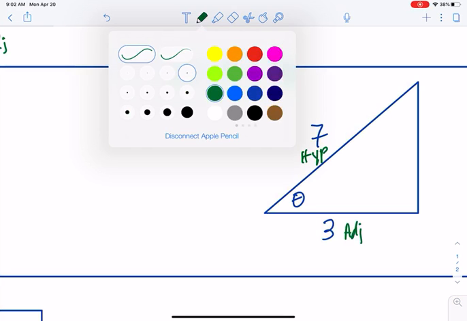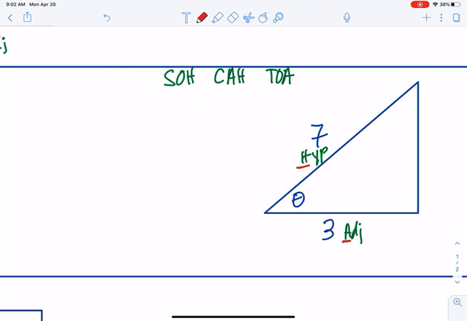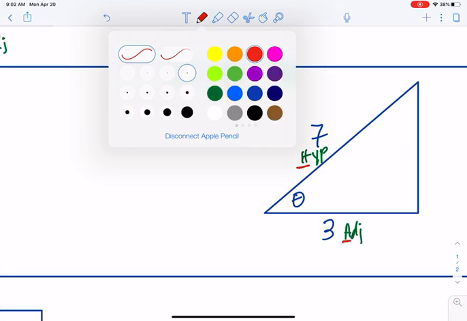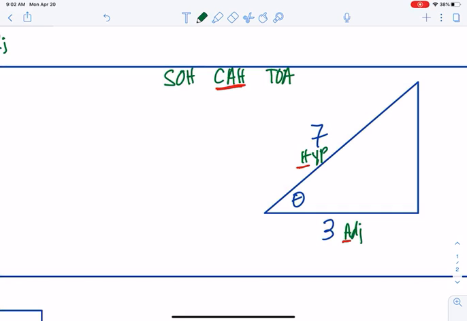Where do I see H and A next to each other? So AH, right here, I'm going to use cosine. So cosine theta. A comes first, so A is on the top. H was on the bottom, so 7's on the bottom.